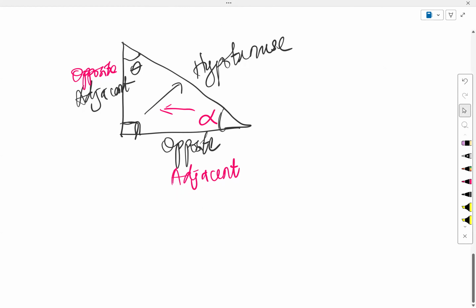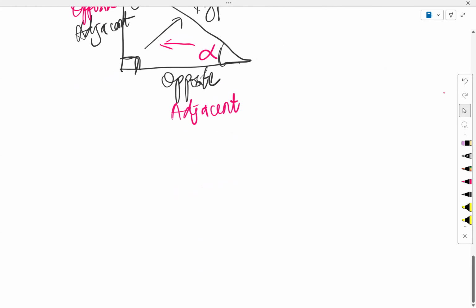So having understood that, Pythagoras told us this very profound idea that for every right angle triangle, if you have side A and side B as the adjacent sides, and the hypotenuse is C, the sum of the squares of the adjacent sides is equal to the square of the hypotenuse. Let's say this angle is alpha.